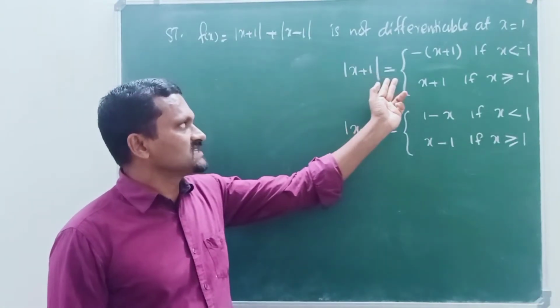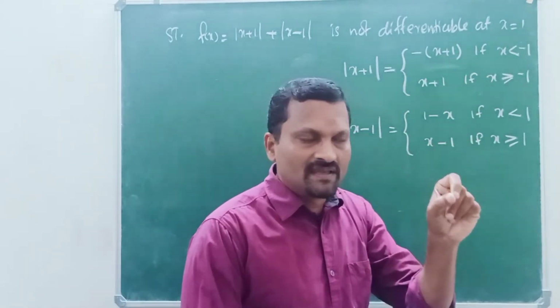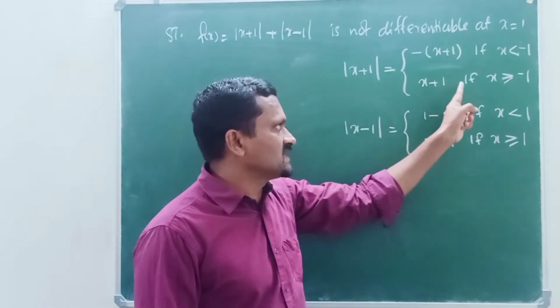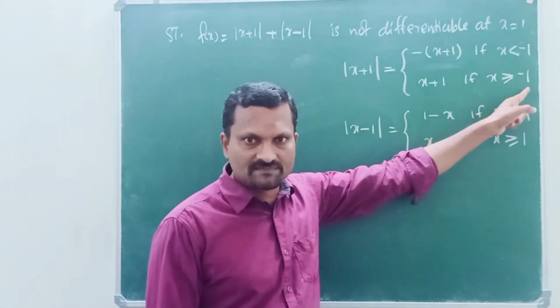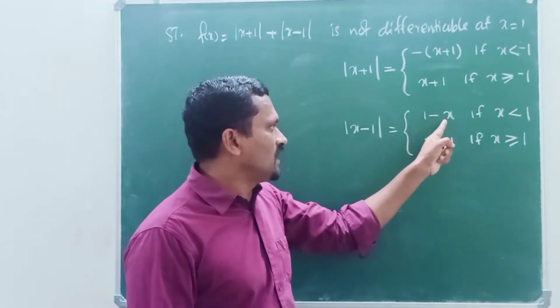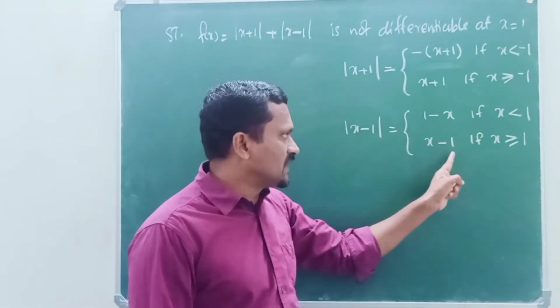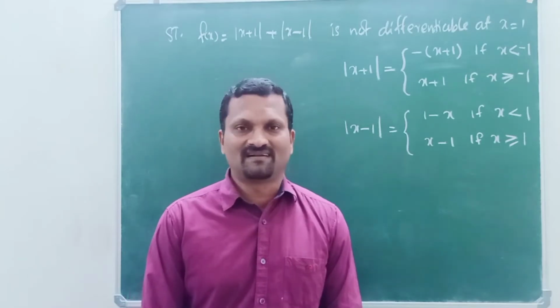Mod (x plus 1) equals minus of (x plus 1) if x less than minus 1 and x plus 1 if x greater than or equal to minus 1. Mod (x minus 1) equals 1 minus x if x less than 1 and x minus 1 if x greater than or equal to 1.